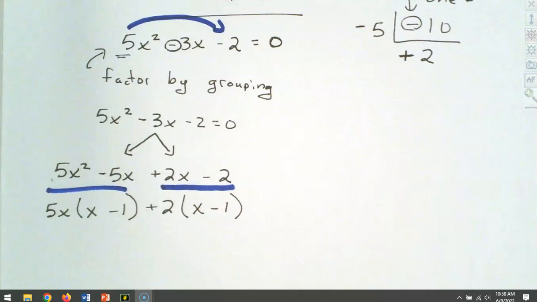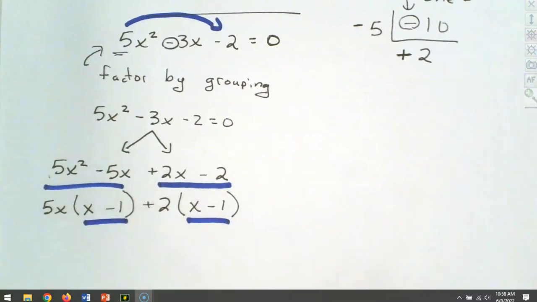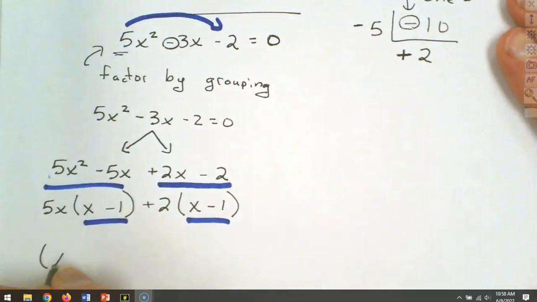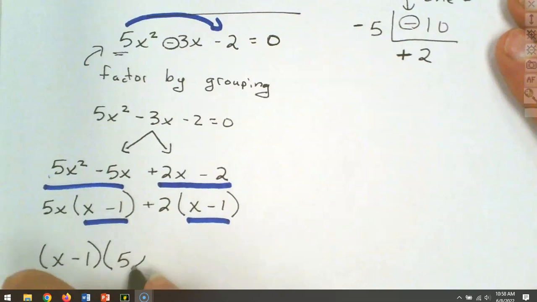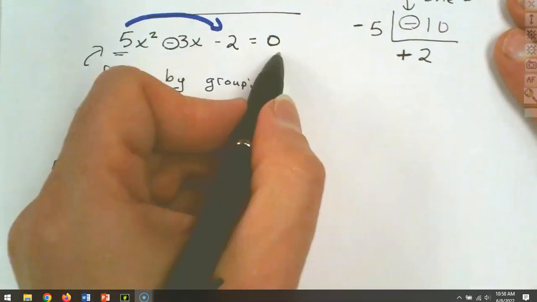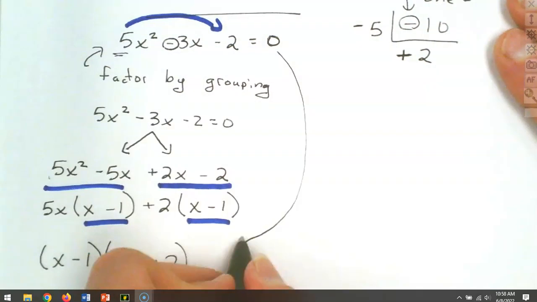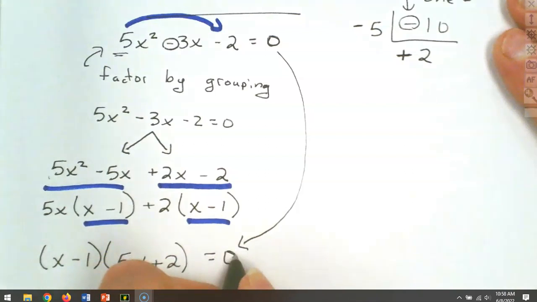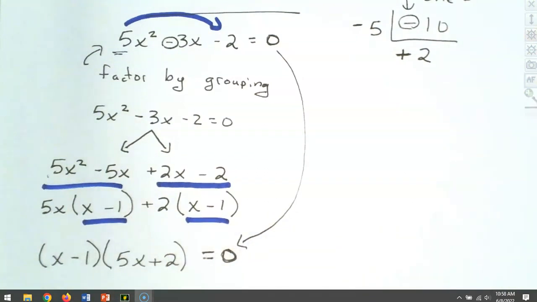Are my groupings identical? Yep, they have to be. If these are not the same, you made a mistake. So those are the same. So that's going to come out as an x minus 1. And what's left over? 5x plus 2. And what does it all equal? Still 0.